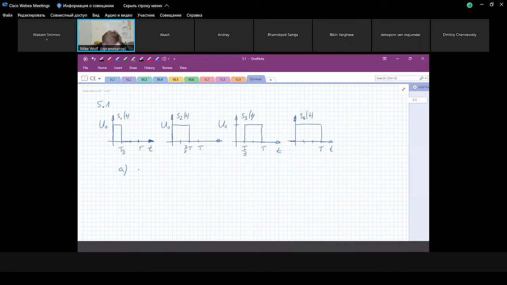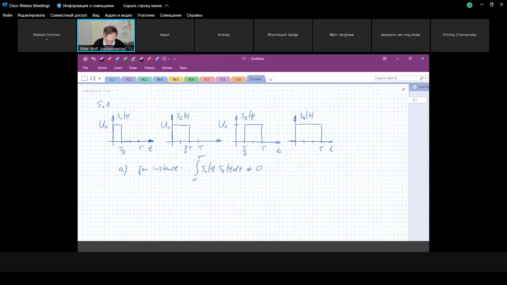And you see, for instance, if you multiply S1 of t and S2 of t from 0 to capital T, we don't get 0 because they are overlapping. So this means this pair of signals is not orthogonal. And this was asked for, that they do not build a set of orthogonal functions.